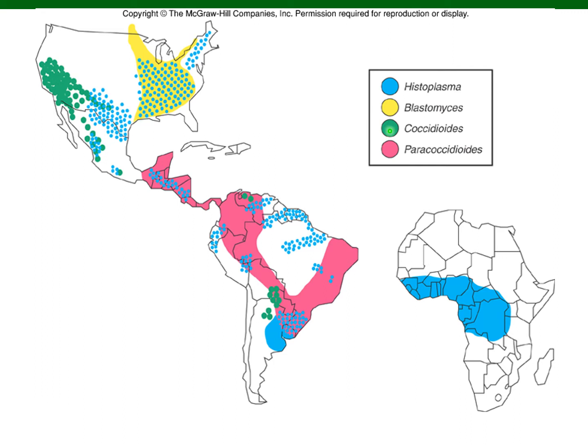And we can use this map as a way to refer back to the distribution of Blastomyces and Coccidioides as well, when referring to the other diseases that we'll learn about here.